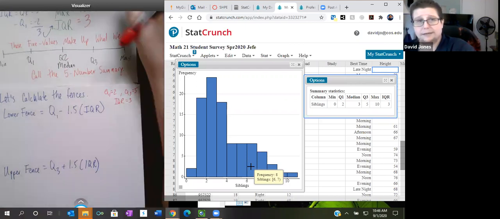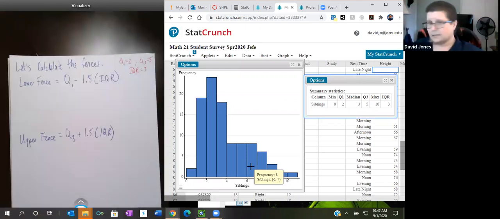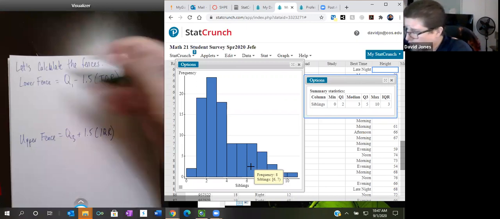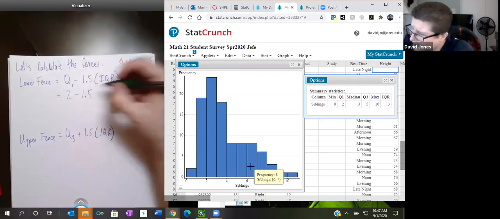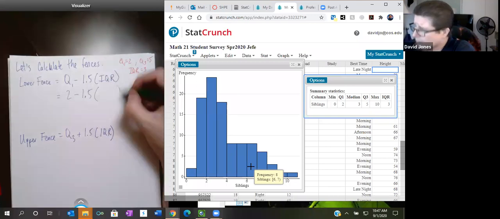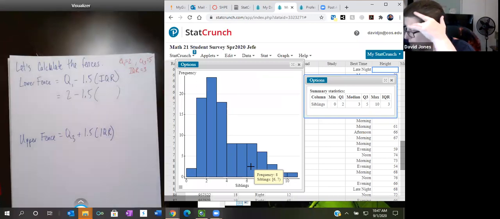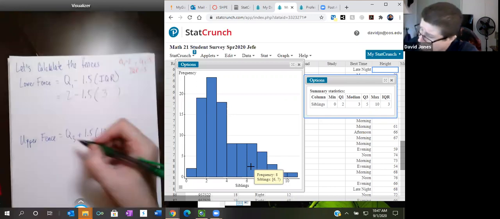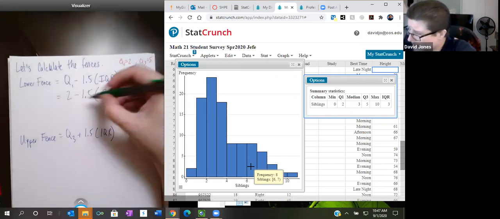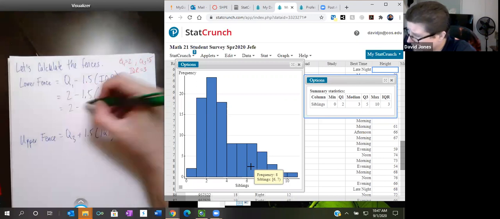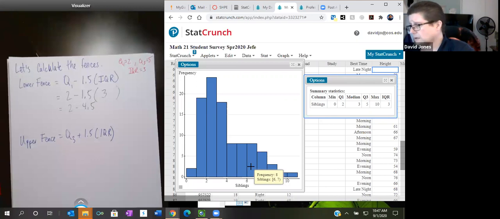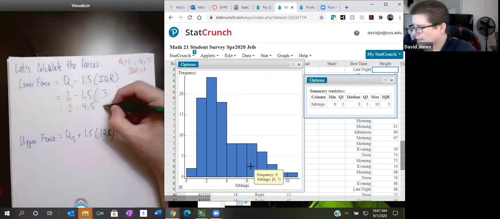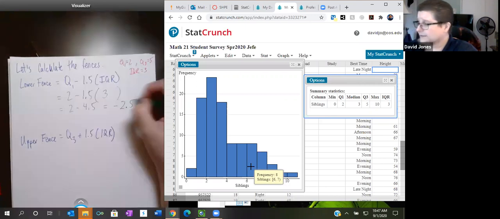So let's calculate them by hand. Q1 is 2. And then I'm going to do minus 1.5 times, putting in parentheses like that makes a multiplication, IQR is 3. 1.5 times 3 is 4.5. 2 minus 4.5 is negative 2.5.